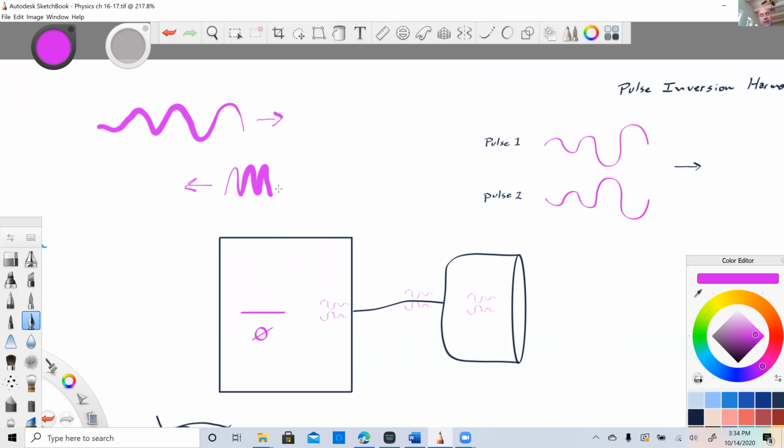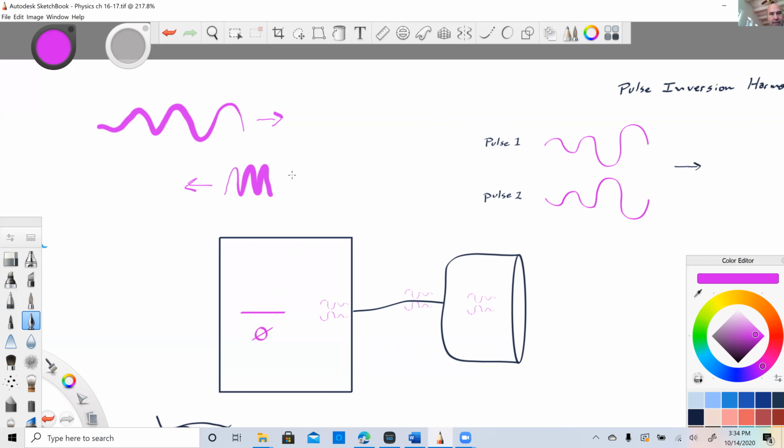Remember, twice the frequency traveling at the same speed of sound means a shorter wavelength. But I should also say that the harmonic frequency would be accompanied by the original frequency as well.